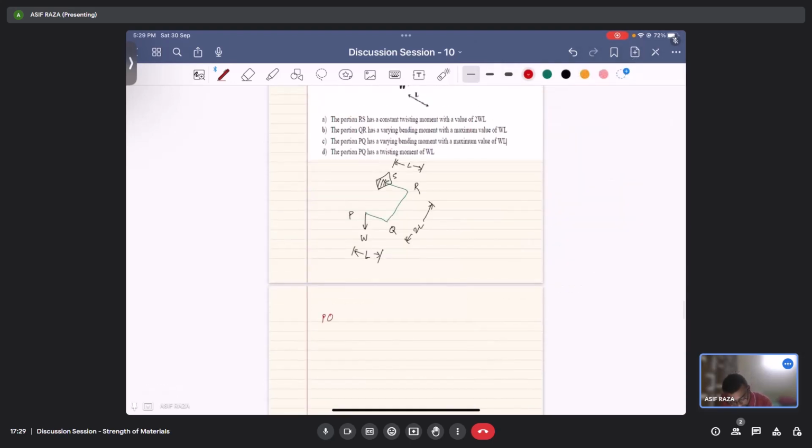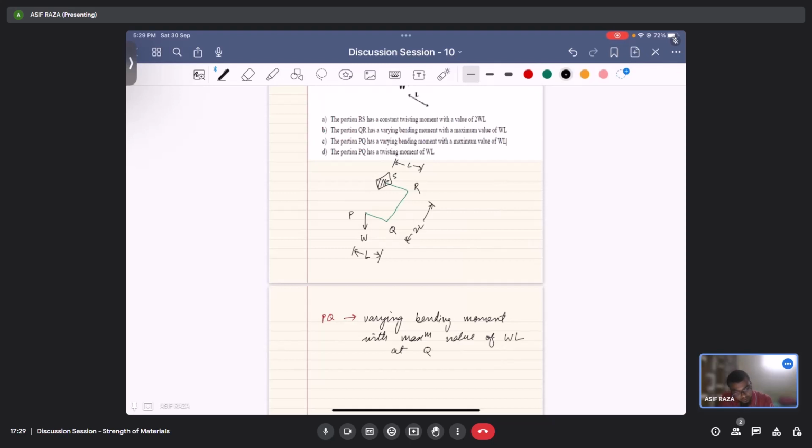For PQ it will be a varying bending moment with the maximum value of WL at Q.